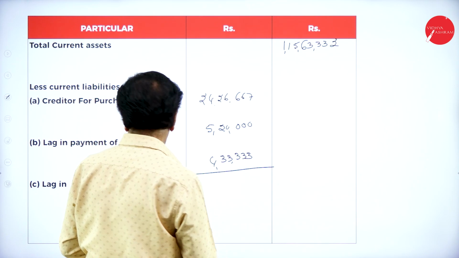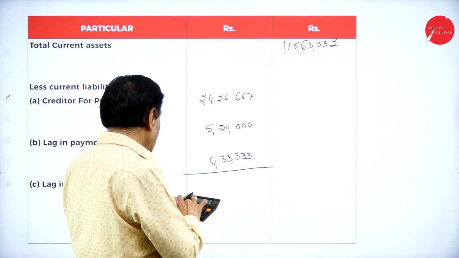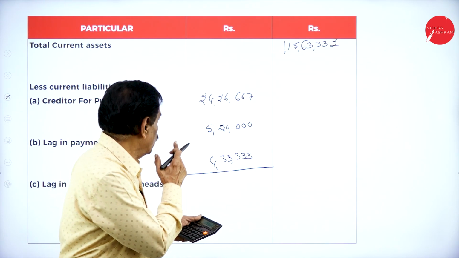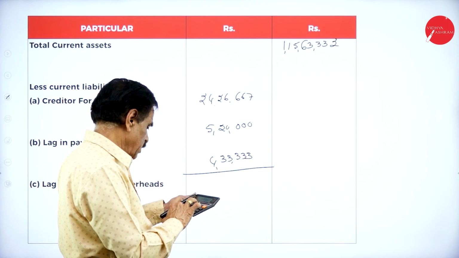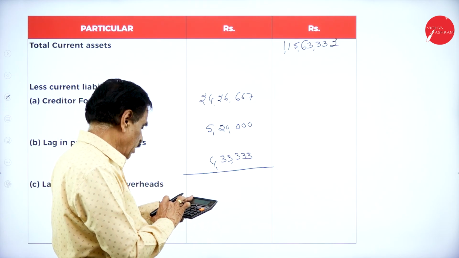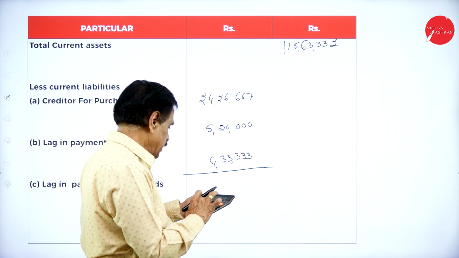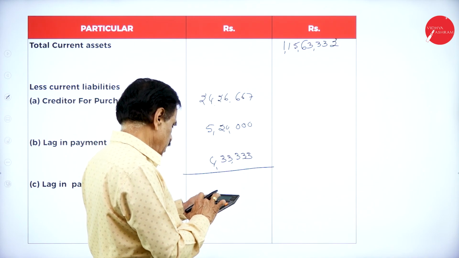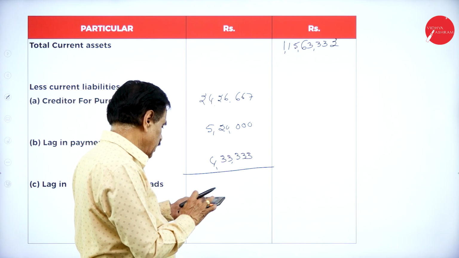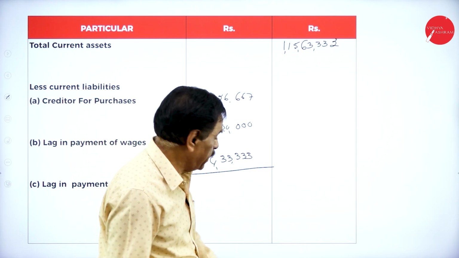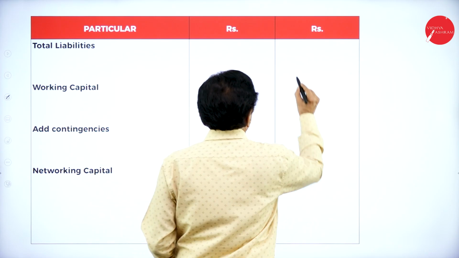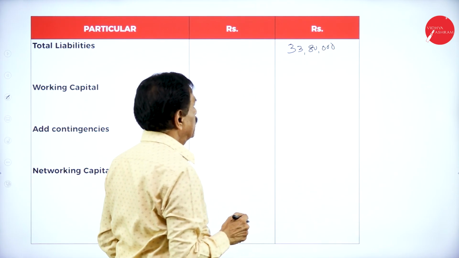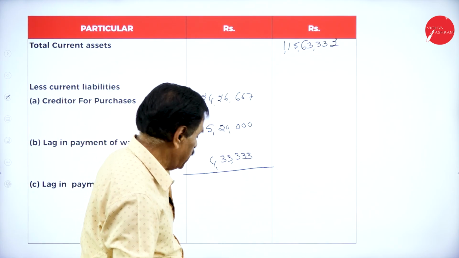Total current liabilities: 24 lakh 26,667 plus 5 lakh 520 followed by 30 plus 4 lakh 33,333, plus 4,33,333. That is 33 lakh 80,000. So 33 lakh 80,000.